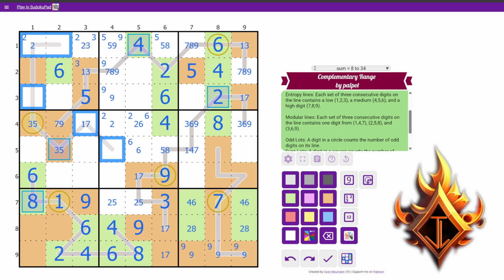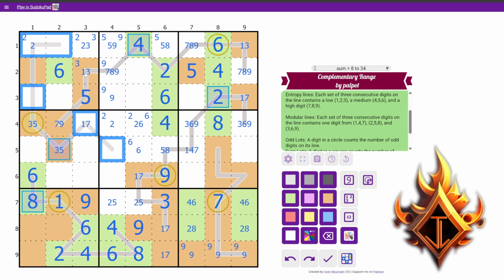That would have to be 3. This would have to be 5. That would have to be 9. That would have to be 7. This would be 2, 8.